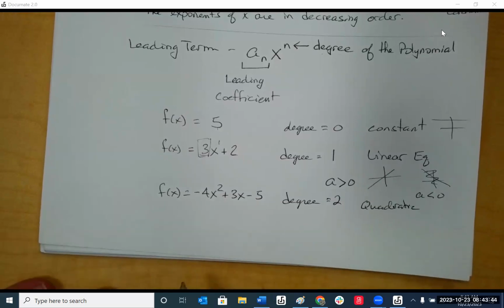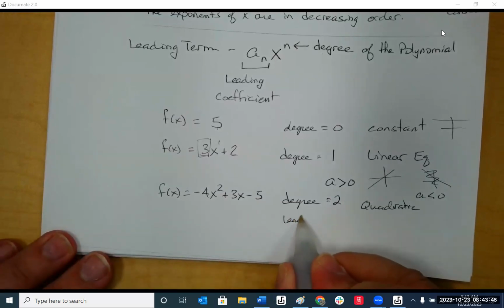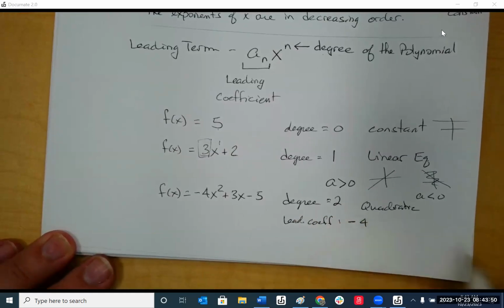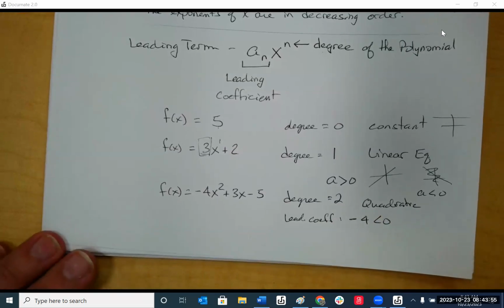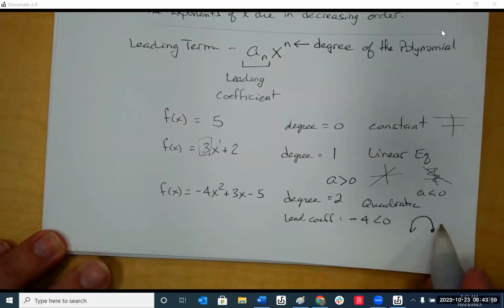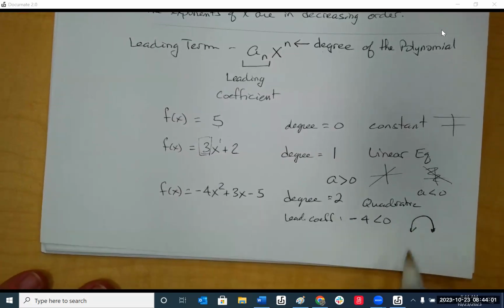So what does the leading coefficient tell us? The leading coefficient is -4. It's less than 0. So what does that tell me about the graph? It opens down. Because it's quadratic, it's a curve. Since it's negative, it opens down.